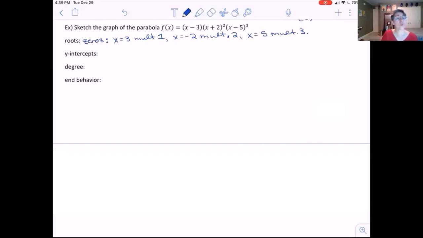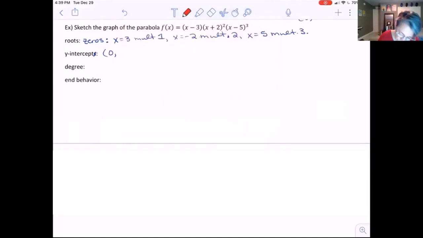We also want to know the y-intercepts. And I know it says plural there, but really, if it's a function or parabola, we're only going to have one intercept, right? So a y-intercept, that means our x is 0. So if we plugged in 0, here's the little work off to the side.